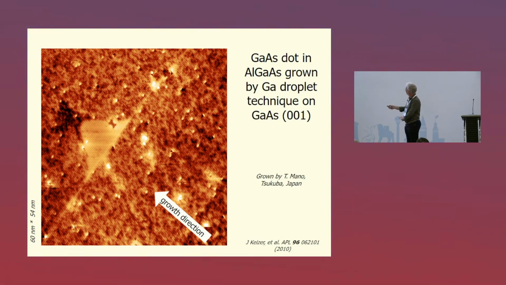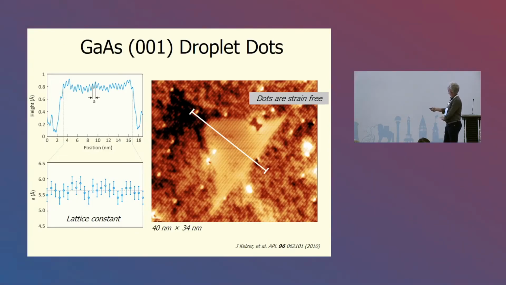Well, here is my self-assembled dot. We see a little bit of the wetting layer, very weak. I can measure the lattice constant along this line, so going from the barrier material into the dot material into the barrier material. This is the height contour that we take with our STM tip.